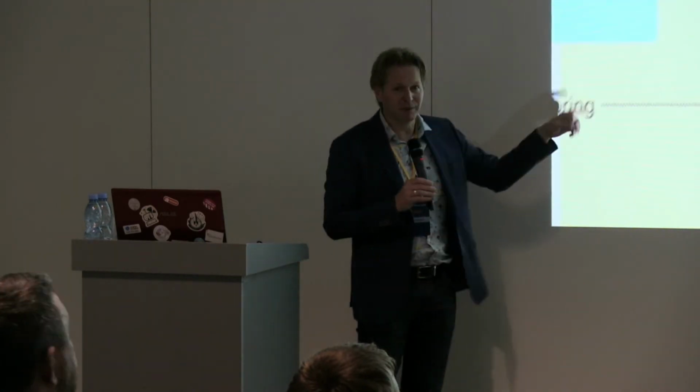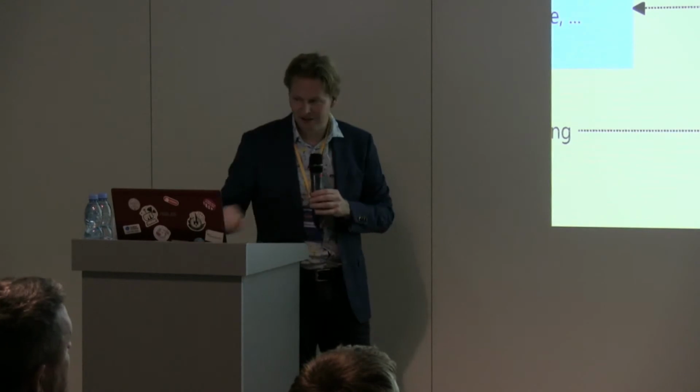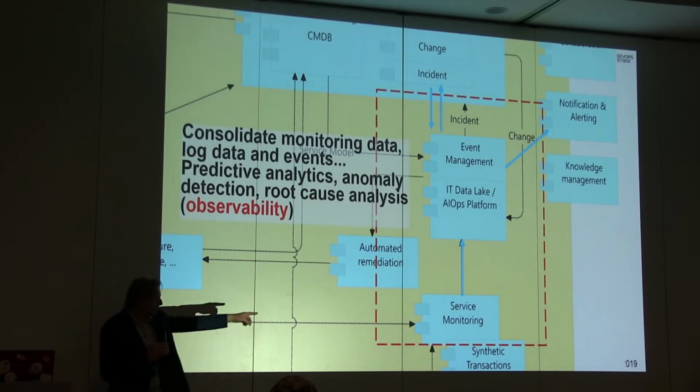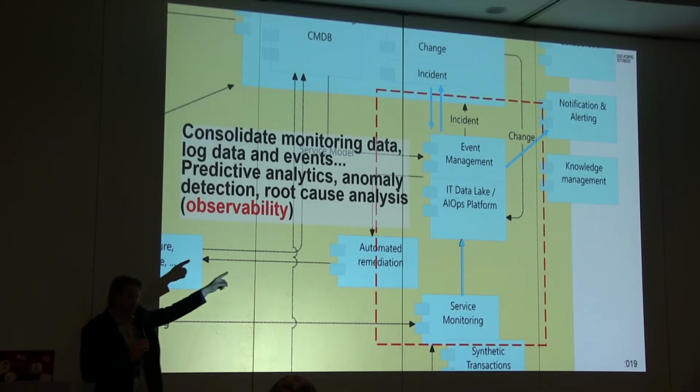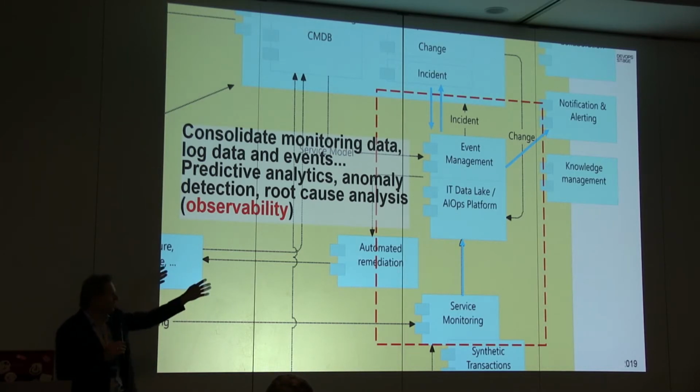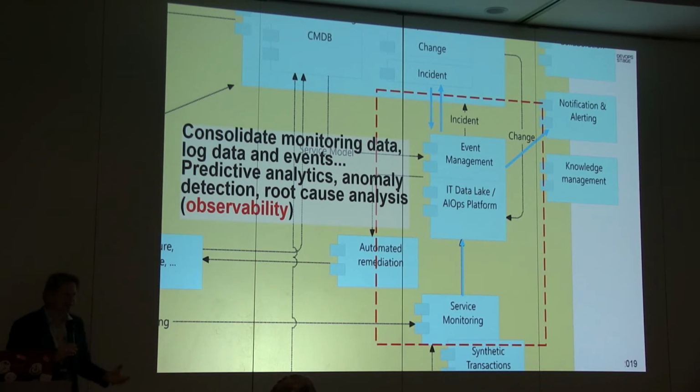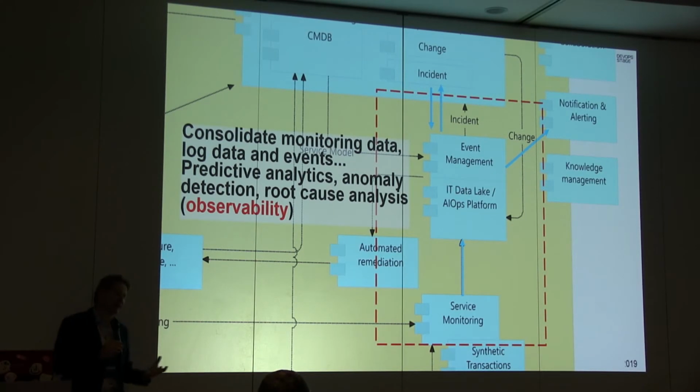That requires, by the way, a monitoring strategy and a standard. Now, we have a lot of monitoring tools in place, but how do they collect all the data into a single feed, let's call it a data lake or an AIOps platform, where the monitoring data, the logs, the metrics, and the streaming data come together so that we can analyze this and say, actually, this is the root cause, this is the business impact, and this is the priority.